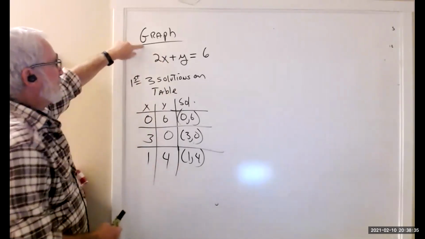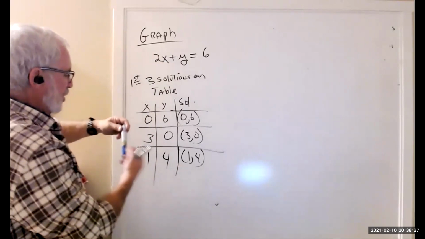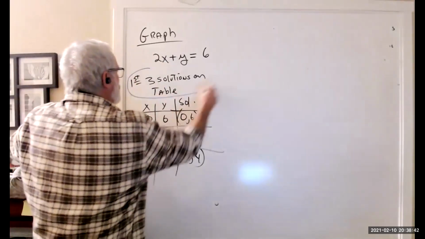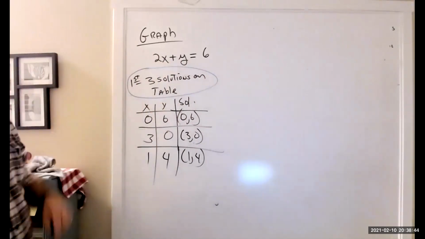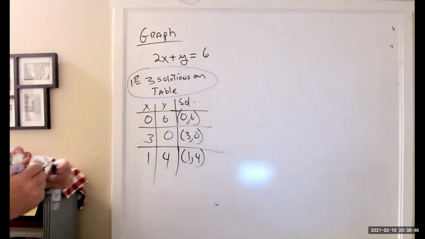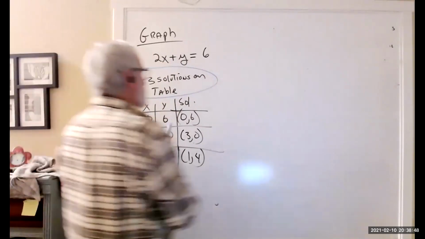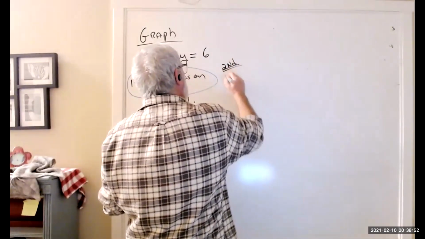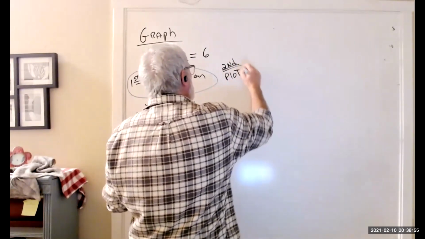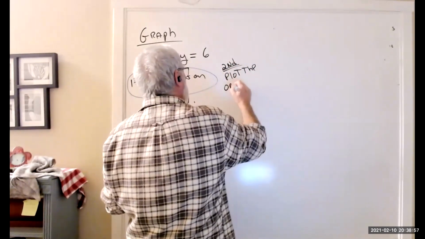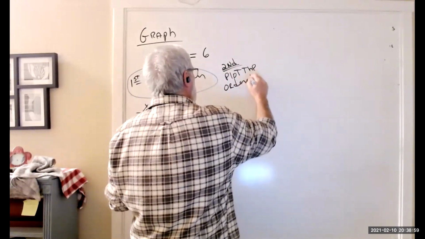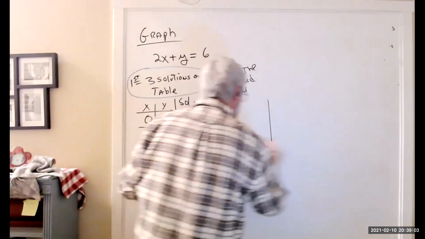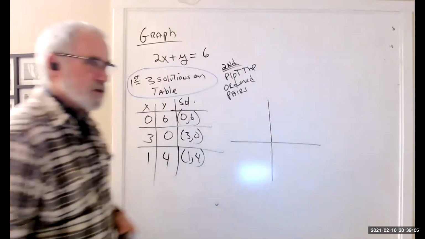So if I said to graph this, the first thing you want to do is find 3 solutions on a table. The second thing is you want to plot the ordered pairs on an XY axis.